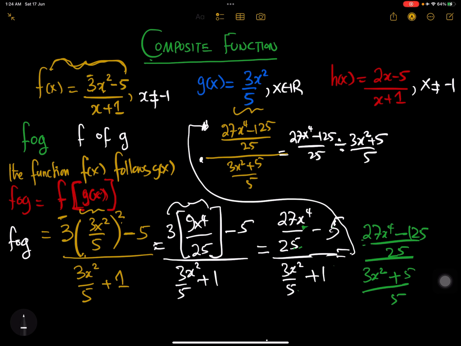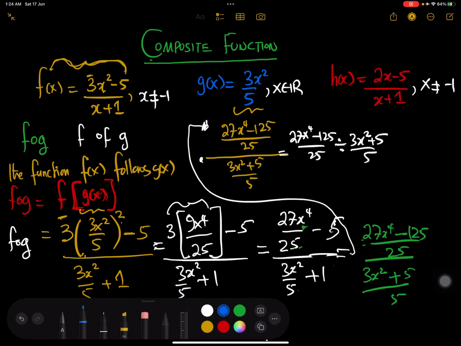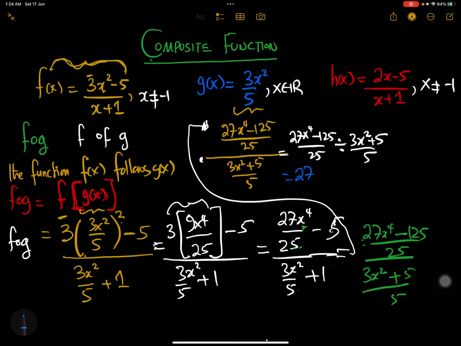And then we know in fractions, when we see division, we change it to what? Multiplication. You got it. So we have 27x to the power 4 minus 125 divided by 25. We multiply that by turning this around, we're going to get 5 divided by 3x squared plus 5.